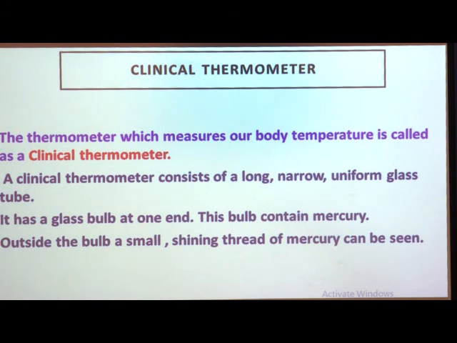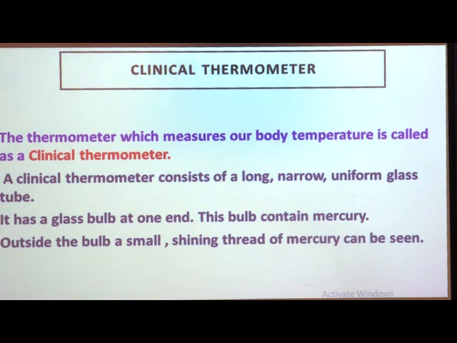The first type is the clinical thermometer. Let us know the definition of a clinical thermometer. The thermometer which measures our body temperature is called a clinical thermometer.